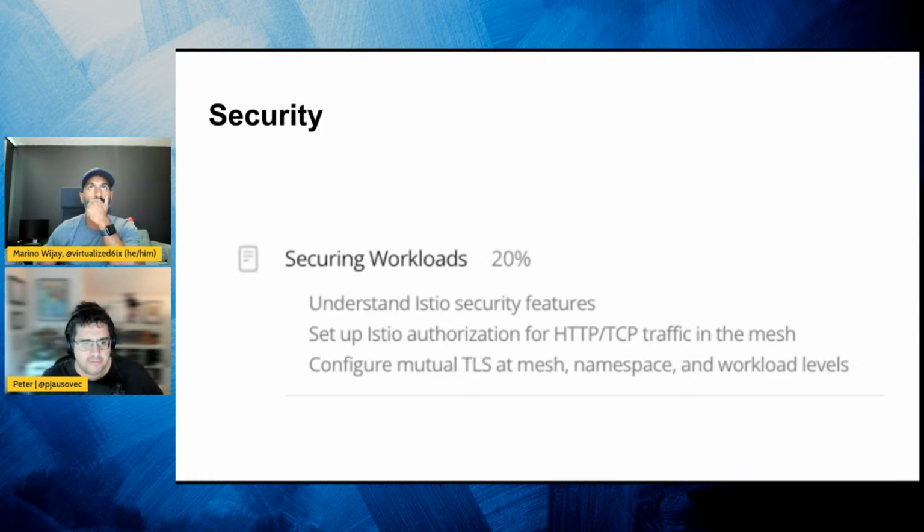That one is more specific. And the last one is configuring mutual TLS at mesh, namespace, and workload levels. So that tells us there's going to be mutual TLS. And since they say mesh, namespace, and workload levels, that's telling us you have to know how to configure these things at these 3 levels.